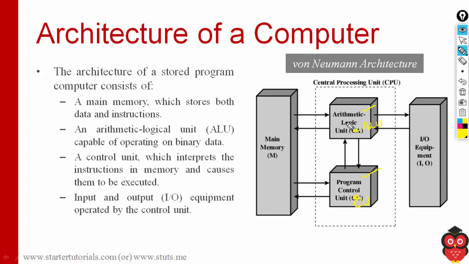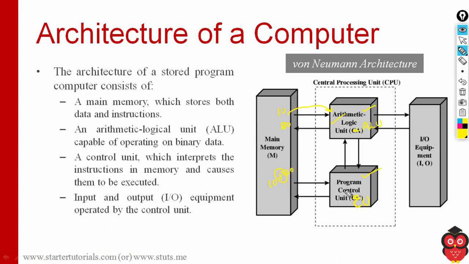All the arithmetic operations and logical operations are performed by the arithmetic logic unit, in short ALU. So in the previous example, I wanted to perform 10 plus 20. 10 and 20 will be there in the memory. The CPU will read these from the memory and apply the plus operation. The component which does this addition operation is the ALU.